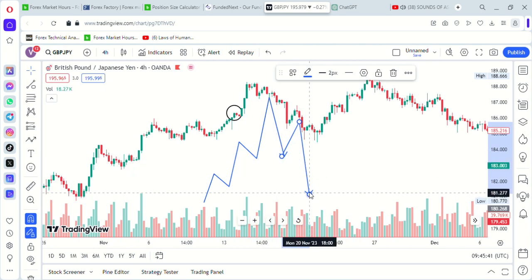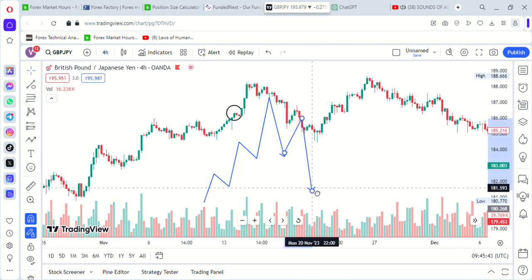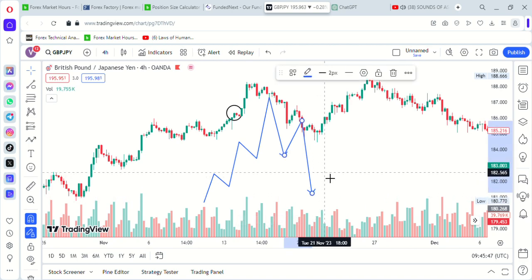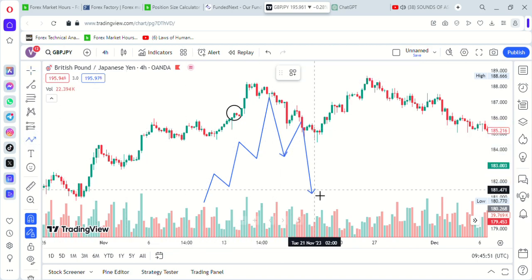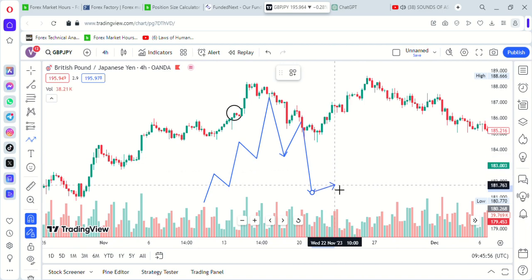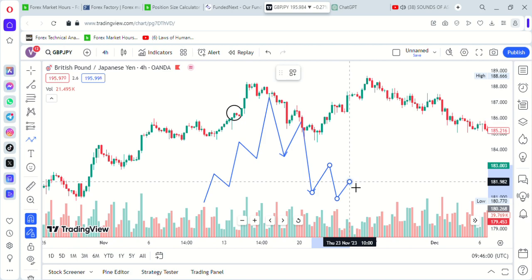The market starts coming down from here, and it starts forming lower low. It's no longer forming higher high, but now it's coming down.